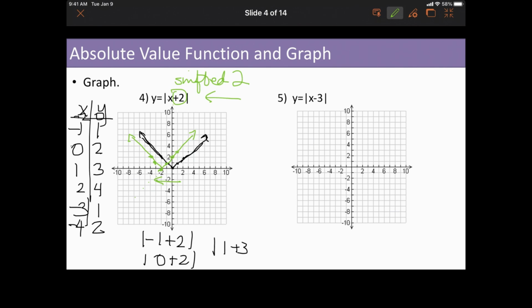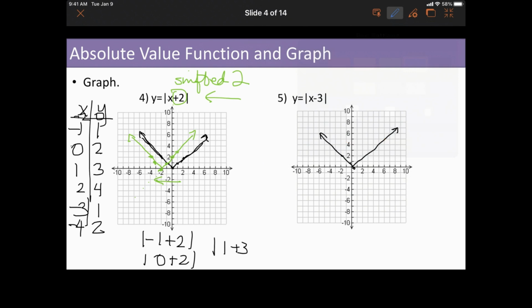Okay. So what about this? Well, if this is the opposite, so this would be shifting to the right. Now, if I'm correct in that conjecture, okay, I'm doing the parent graph. And at some point you're not going to do the parent graph every time, but this will help you to see what's happening and the patterns.